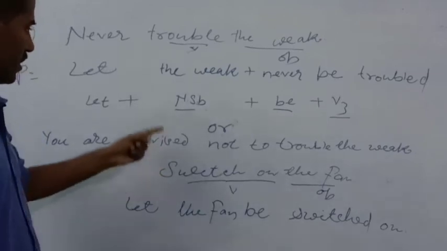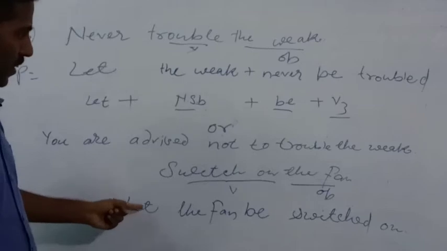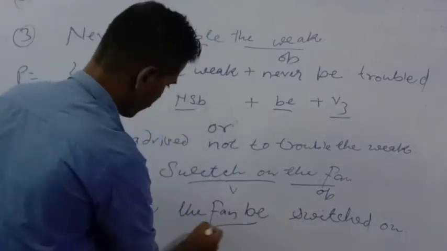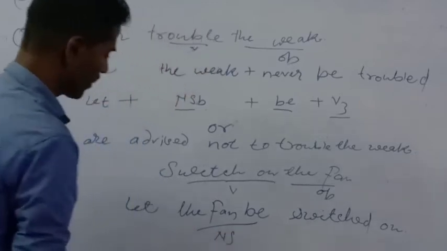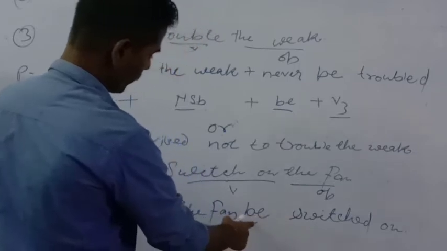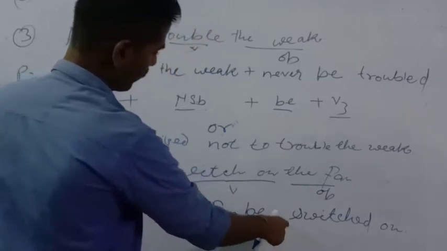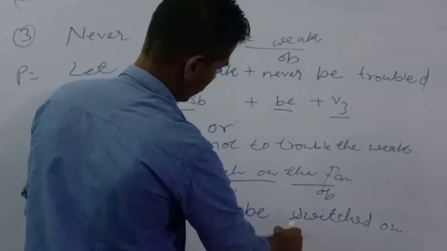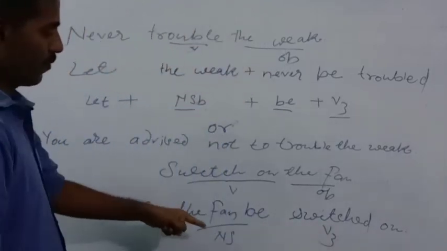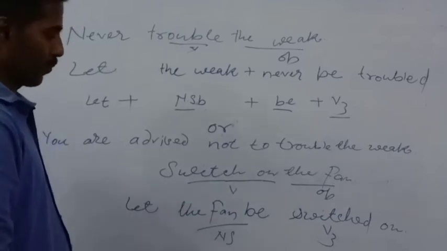Very simple. See, let, then new subject. The fan is the object, it comes into the new subject place. Then be verb, then after be verb, V3. Let the fan be switched on.